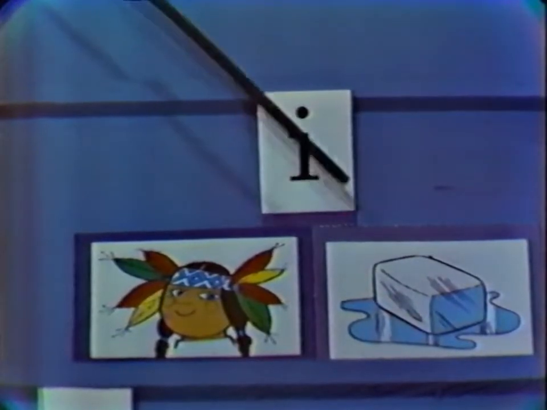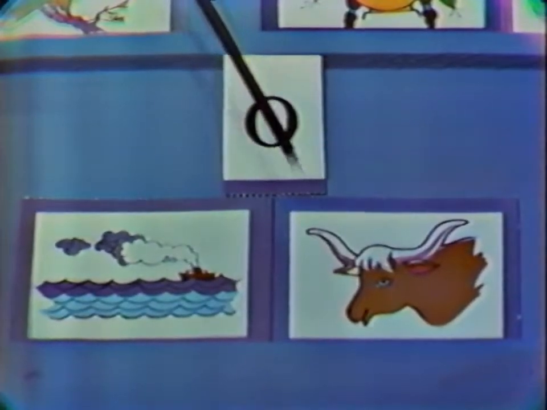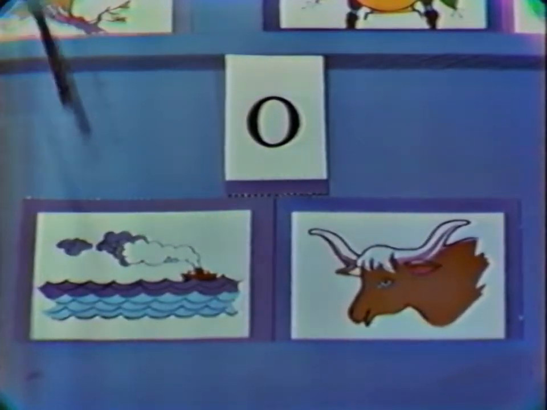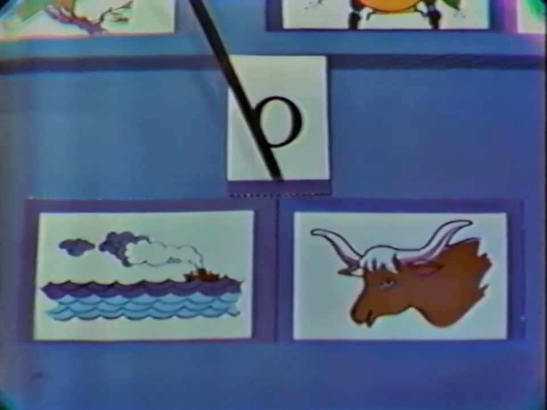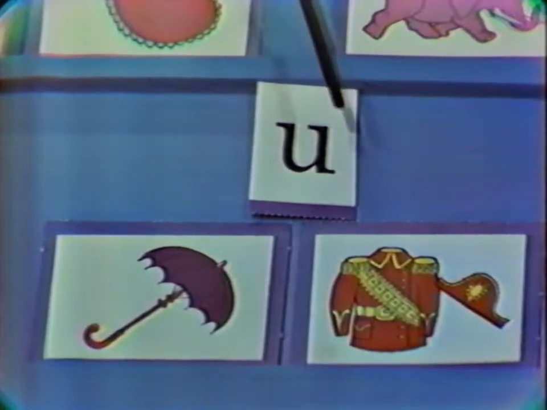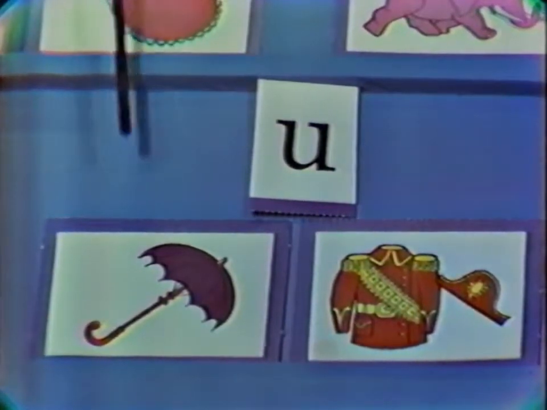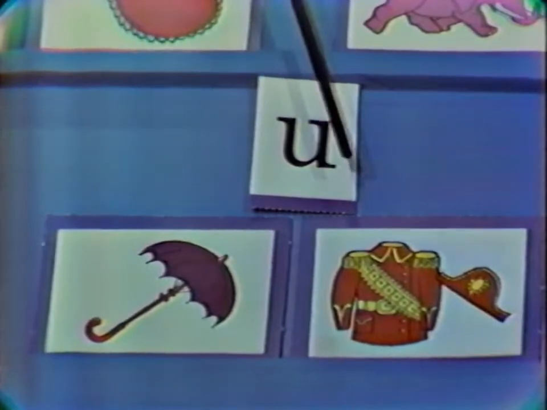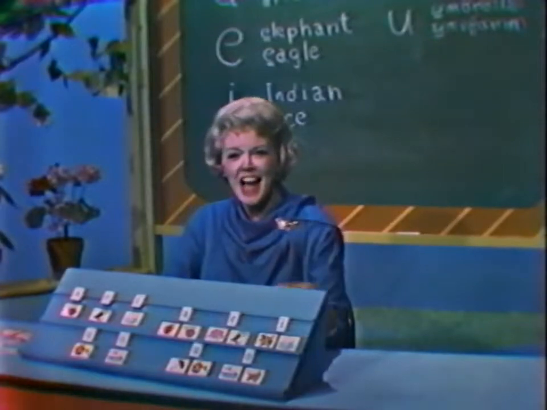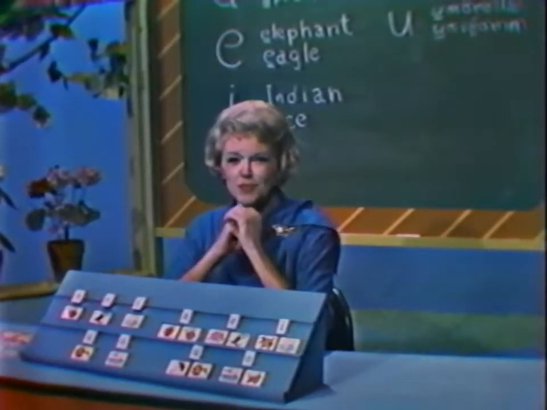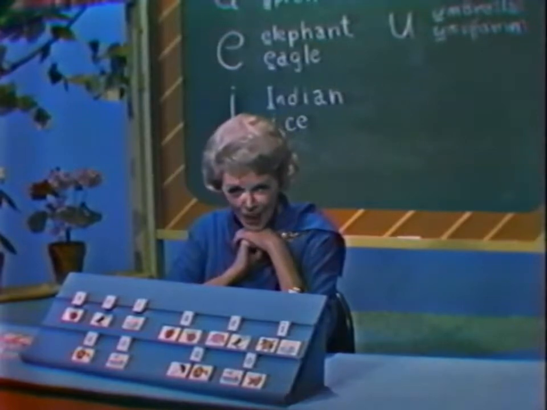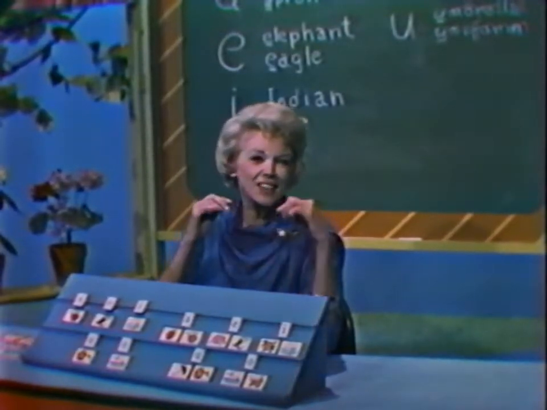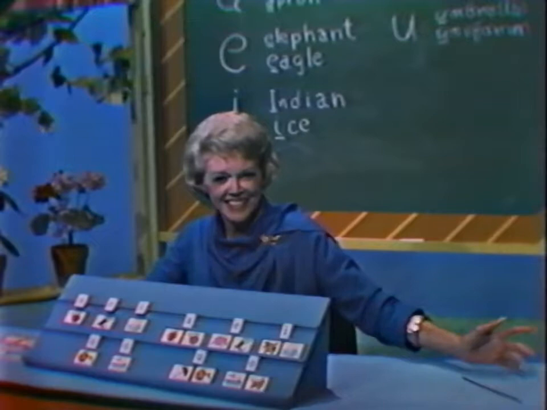I. Indian and ice both begin with an I. In ocean and ox, what do you know? Ocean and ox both begin with an O. Umbrella and uniform, what do you do? U. Umbrella and uniform begin with a U. The vowel may be short, or say its own name. Whatever the sound, the letter's the same.